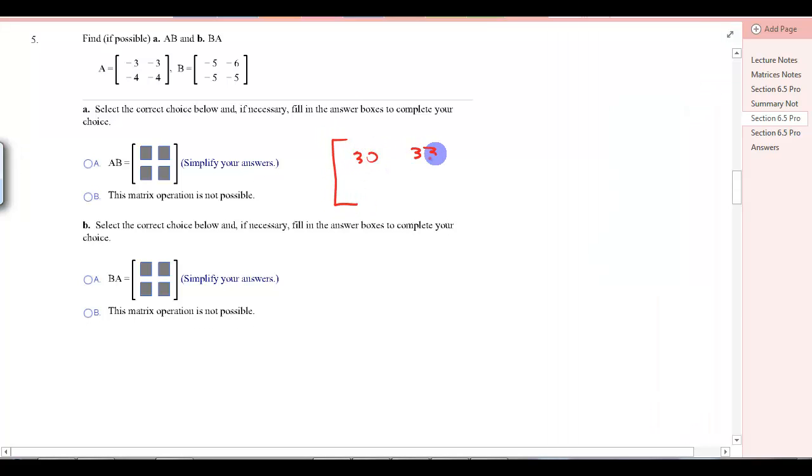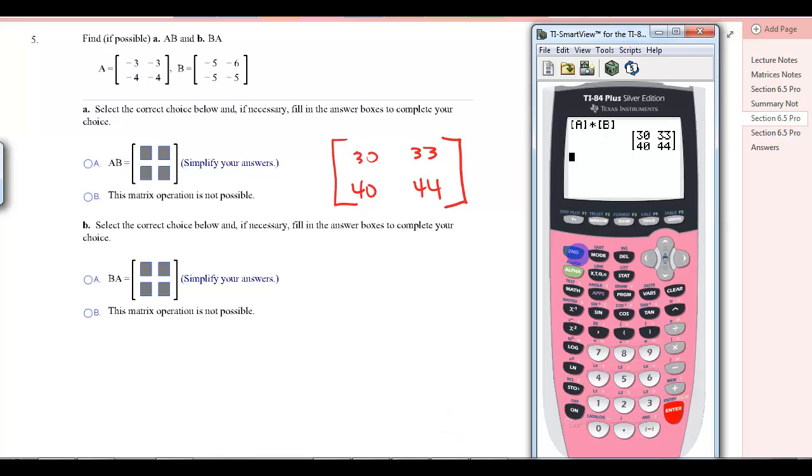Now we can go right back in, second matrix, grab B first, times second matrix A, and enter.